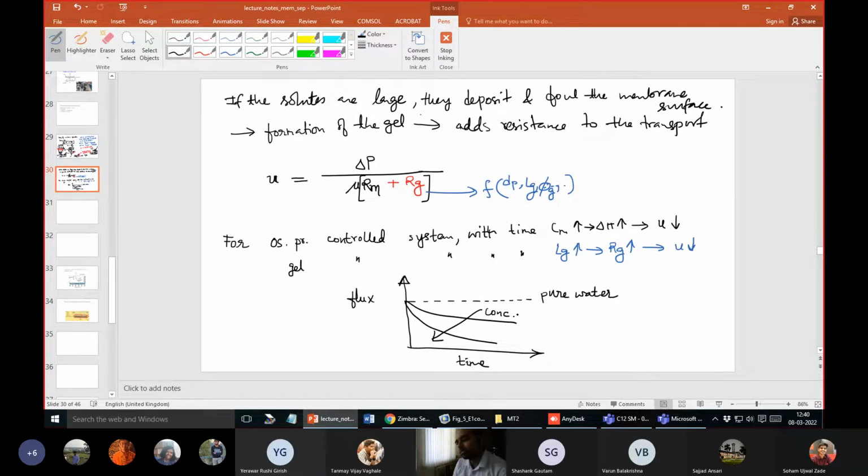Anyone? What do you think? Please write, all of you, in the chat box. Maybe that's preferable, to collate your views and get a collective opinion. Can I request everyone to write in the chat box? Maybe some possible ways to mitigate the impact of this fouling.